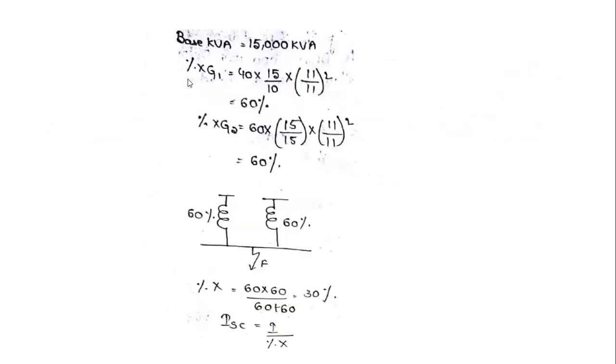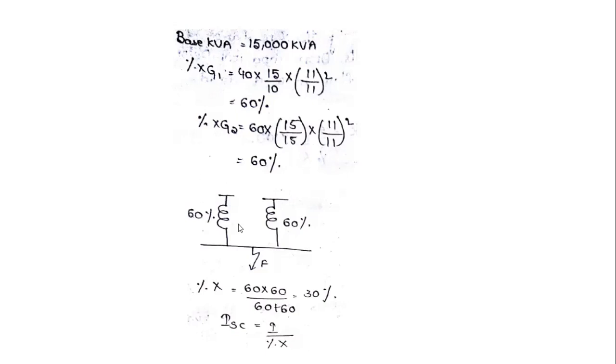Then we consider the Xg1 and Xg2 values. We calculate both the generator G1 and G2 percentage reactance. Its value is 60%. Then we draw the reactance diagram for that single line diagram. This is generator G1 and this is generator G2. The equivalent reactance for G1 is 60% and for G2 is 60%.